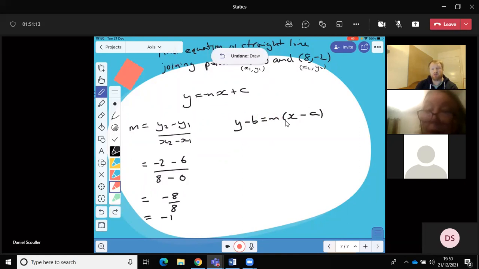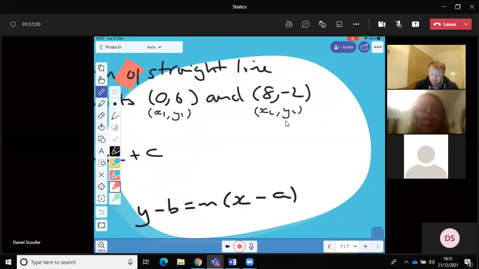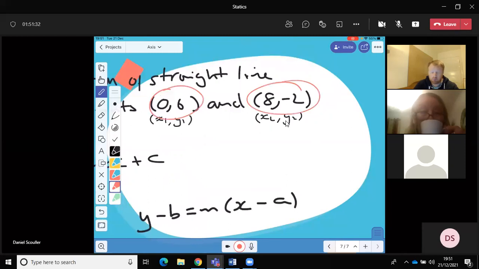In the a and b position, we can pick either of the 2 coordinates. All you need to do is pick a coordinate on that line. It could be any single coordinate on that line. As long as you know the x position and the corresponding y position, you can use that in this equation. So we can pick one of them.